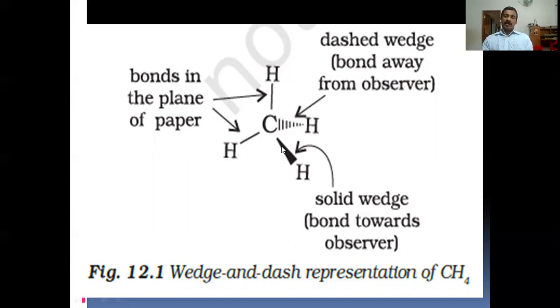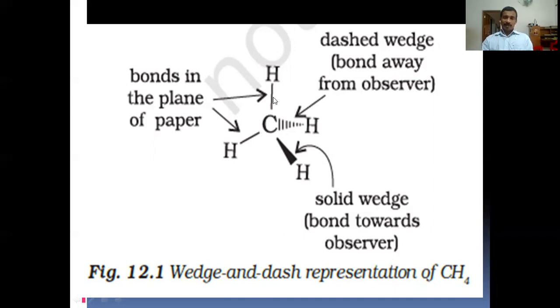Now the solid wedge represents a bond towards the observer, projected to the front. And here hydrogen, a bond represented as an ordinary line is in the plane.